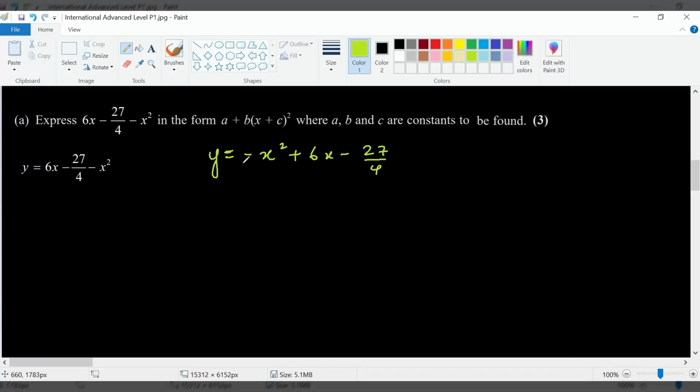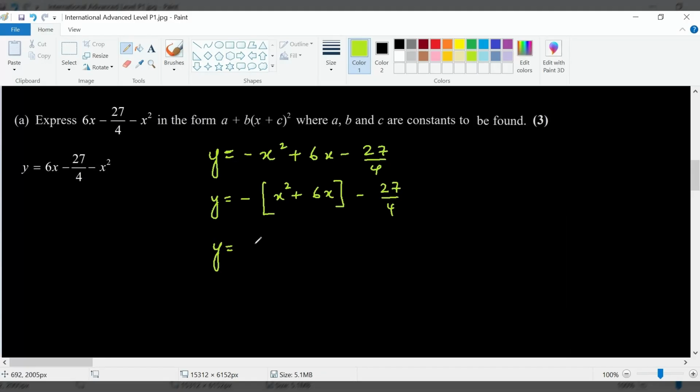Now I can see that this negative is going to be a problem for me, so I will separate this from the original equation, and this is going to be x squared plus 6x, and I will keep this constant as a separate 27 over 4. Now I'm going to deal with x squared plus 6x and make it in the form of a plus b whole square.